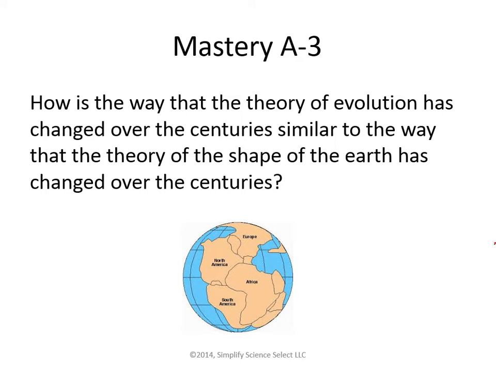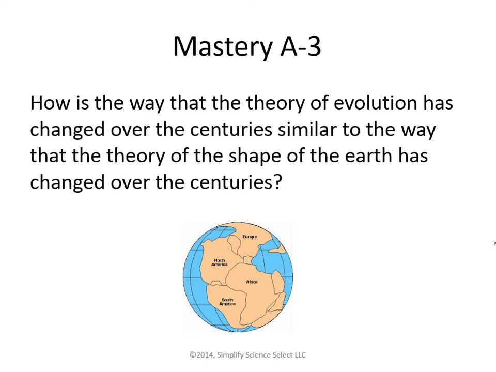How is the way that the theory of evolution has changed over the centuries similar to the way that the theory of the shape of the Earth has changed over the centuries? Remember, we read an article by Isaac Asimov, The Relativity of Wrong.